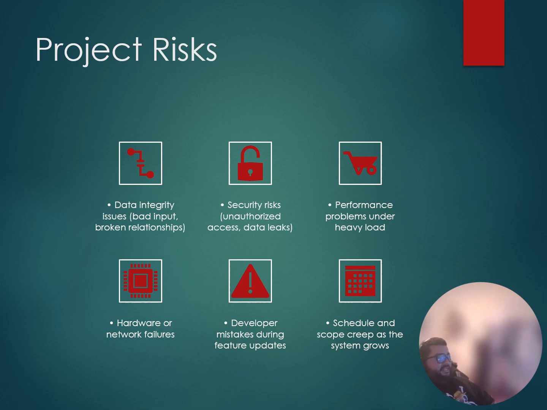And last but not least, we're gonna have the human factor, right? So, if we make any mistakes or there's any scheduling problems that we have to account for, these are all things that we need to ensure are mitigated while in the development phase.